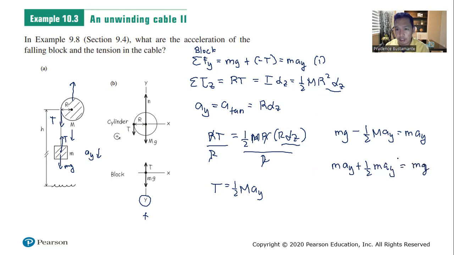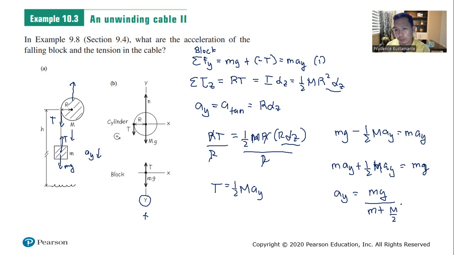This is a big letter M. So a_y is actually mg over m plus M over 2.